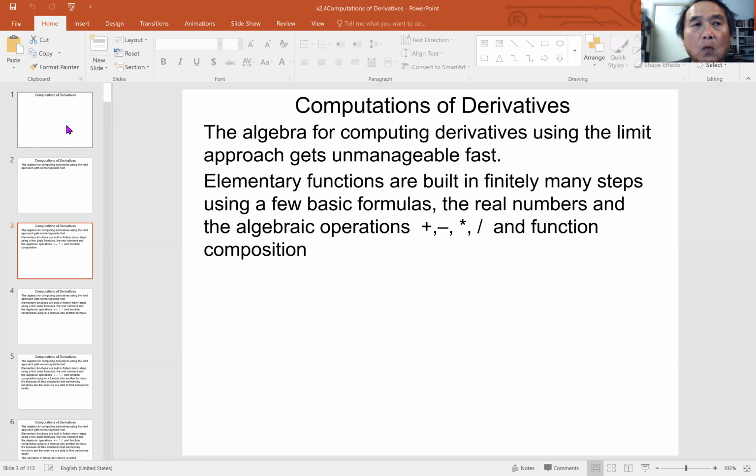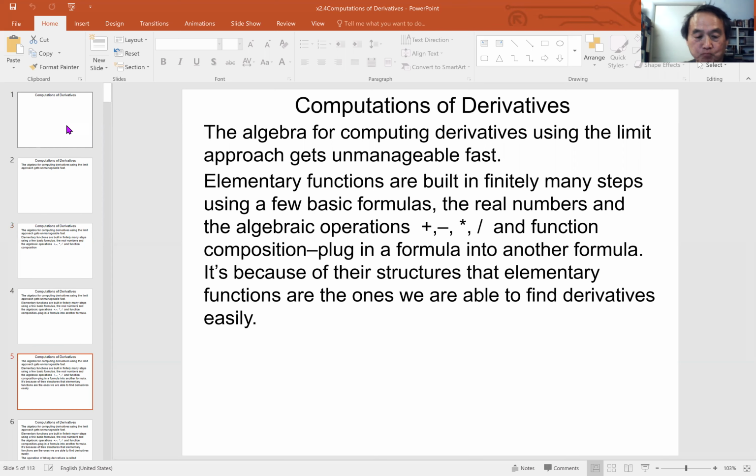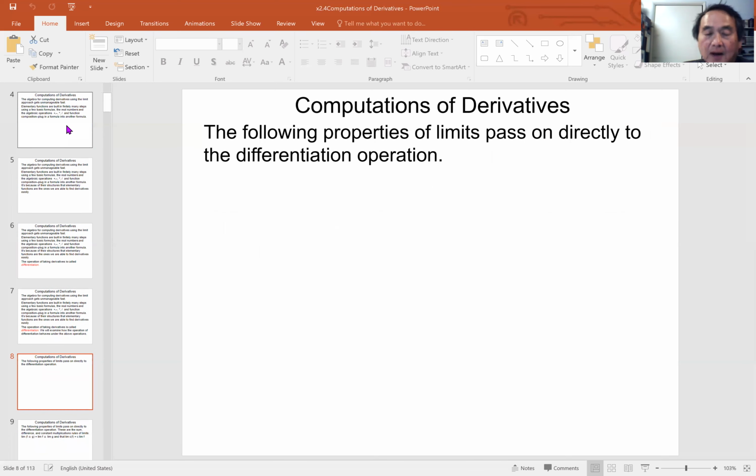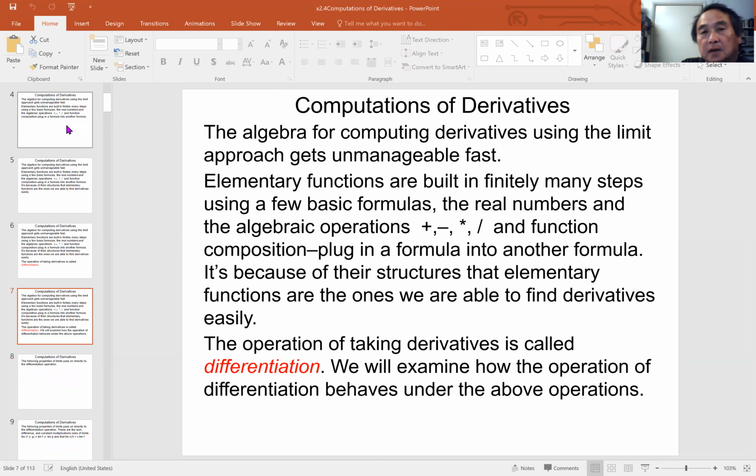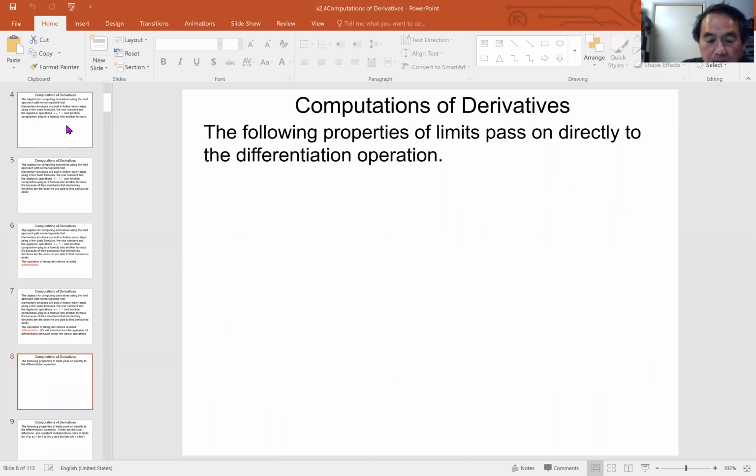In other words, how does the operation behave on the derivatives? Those we can answer. The process of taking derivatives, the limit of the difference quotient, we call that process differentiation.